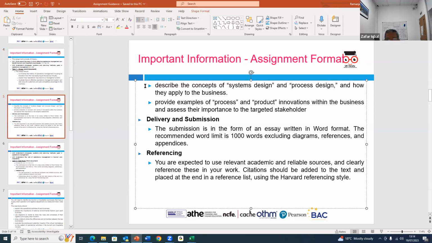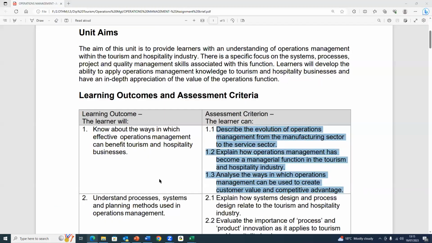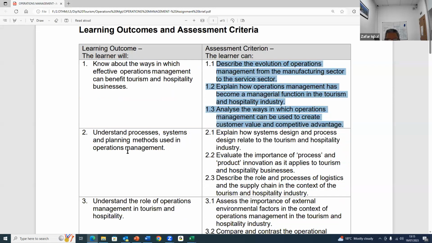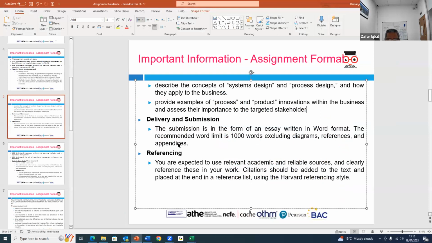All right. So these are the other two assessment criteria, and all in all you have 5 learning assessment criteria, and you have to tackle each of them.